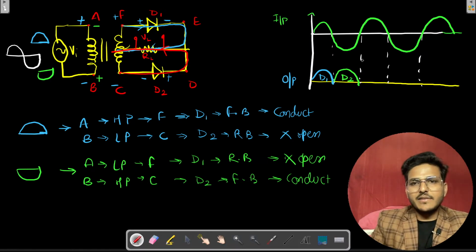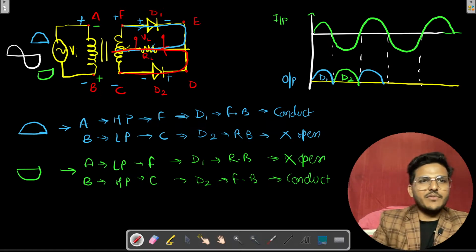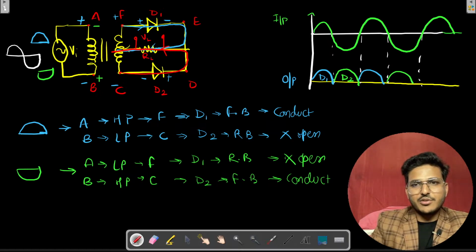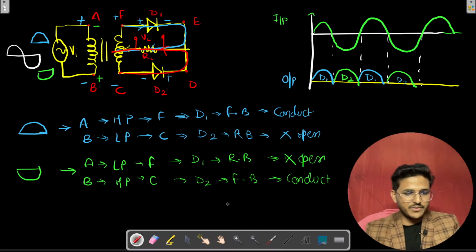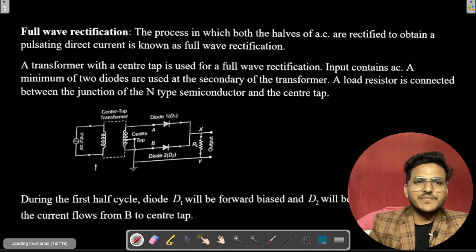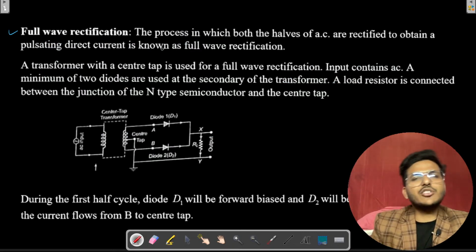See, again this wave is from D1 and this one from D2. So you can say D1, D2. This is called a full wave rectifier. Right? This is the complete theory of the full wave rectifier.